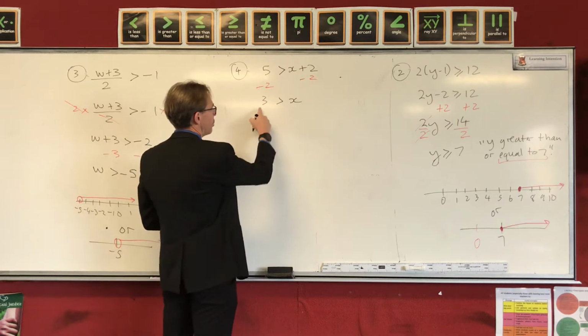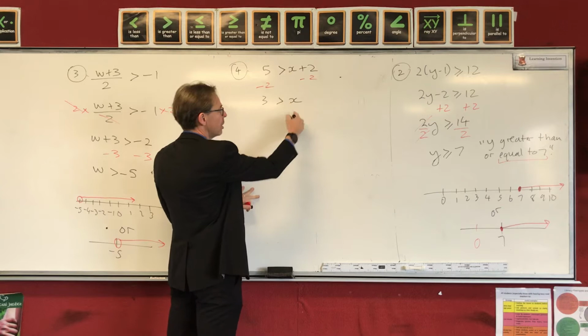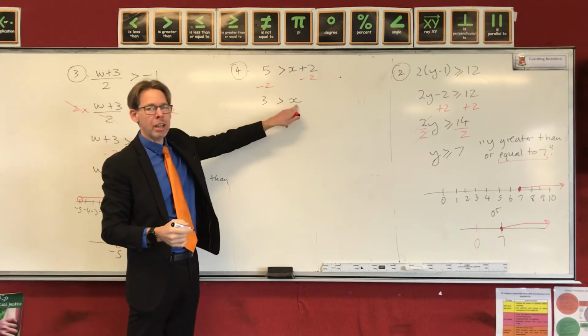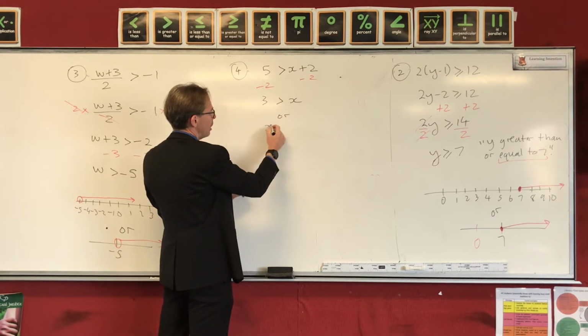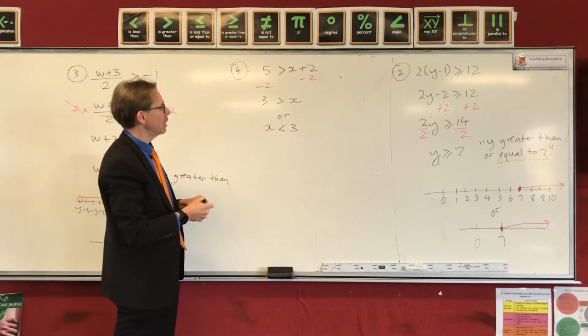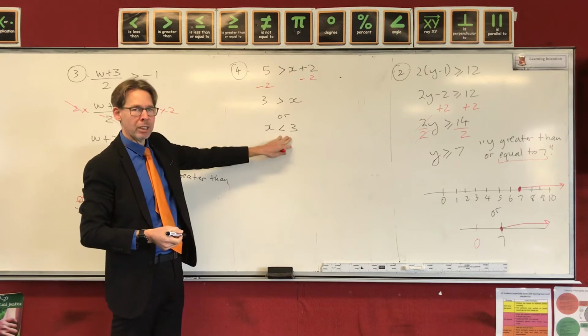Now, 3 is bigger than x. And when you get your solution, it's good to have the x on the left-hand side. Now, if 3 is bigger than x, that means x has to be less than 3, doesn't it? If 3 is bigger than x, then x has to be less than 3.